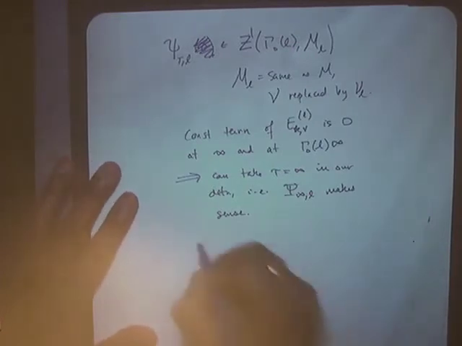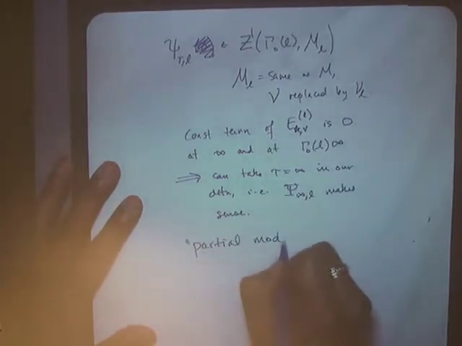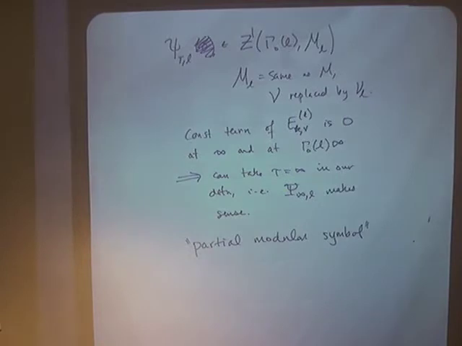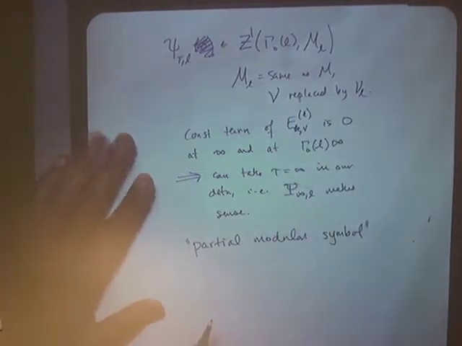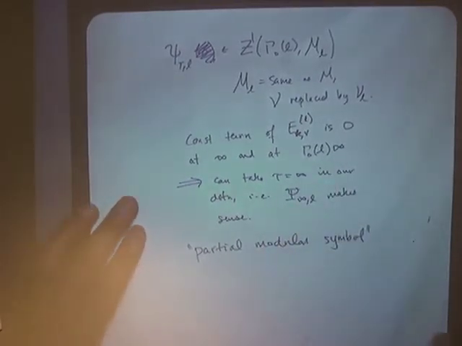This is what's called a partial modular symbol. I don't have a full modular symbol on all of P1 of Q, the types of modular symbols that Rob and Glenn were using. We only have it on this subset of cusps, the ones that are equivalent to infinity in gamma naught of L.